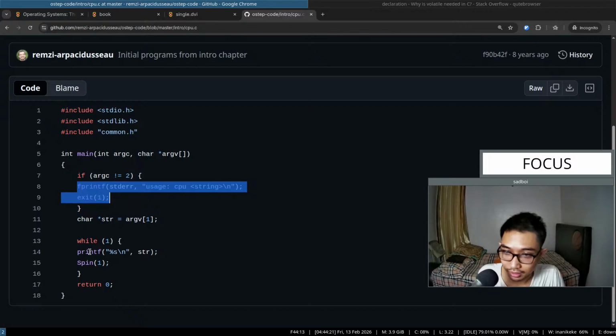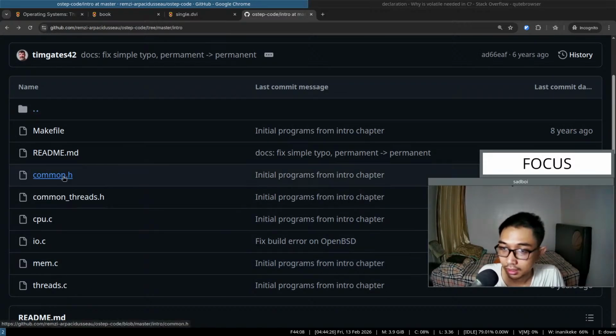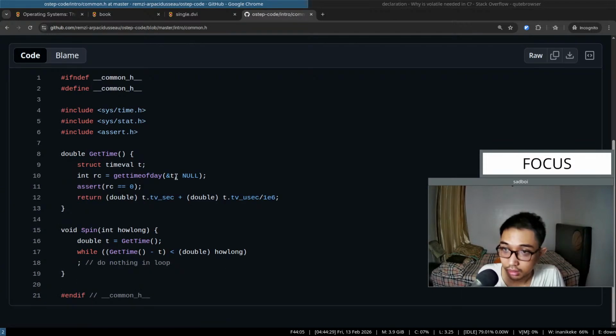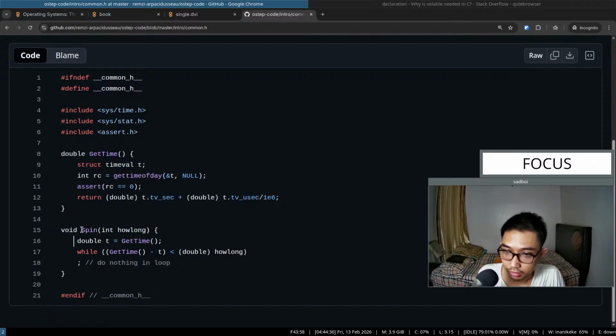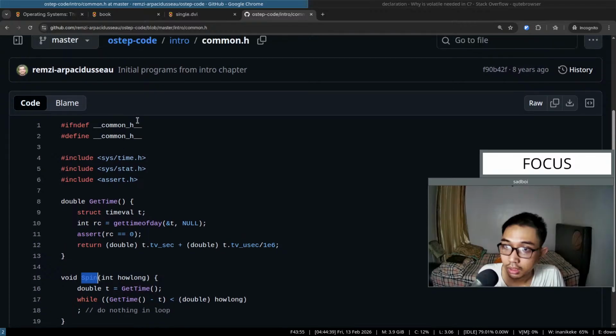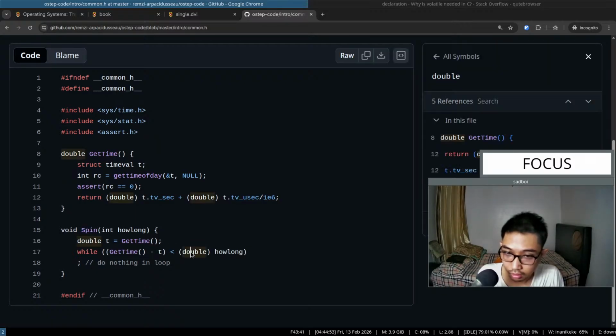Why the indentation like this? Okay. Common.h. Alright. The spin function is from the common.h. Okay. This one. Using double.